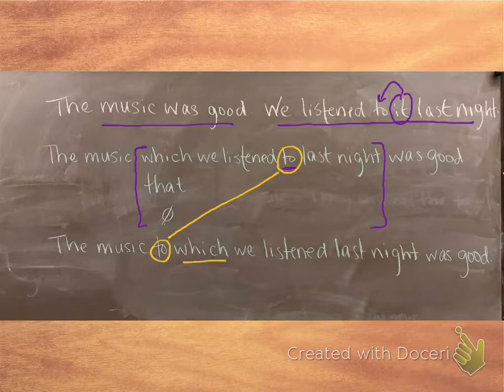The music to which we listened last night was good. And notice what happens in these sentences is that we don't have another to here. So we can't say the music to which we listened to last night was good. There's only one to in that sentence.